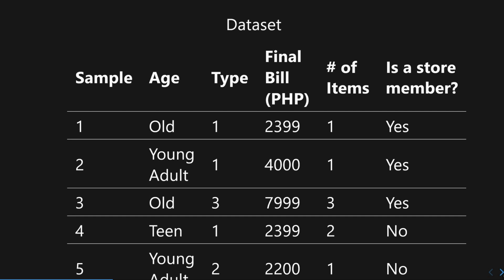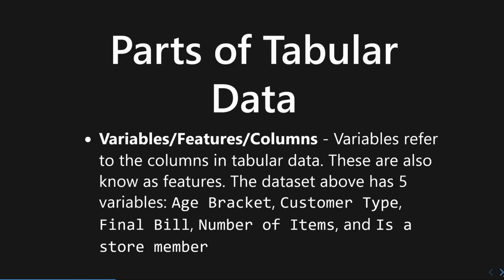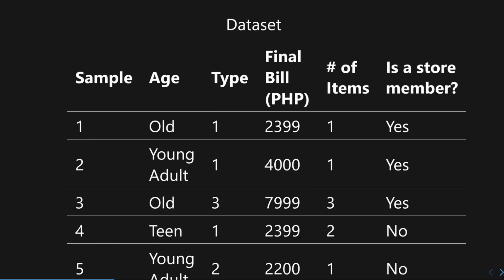So let's look at the parts of this data set right here. You have variables, also known as features or columns. So these mean the same thing. Variables refer to the columns in your tabular data. These are known as features as well. If you look at the example right now, there are 5 variables in this data set, excluding the first column for sample number.